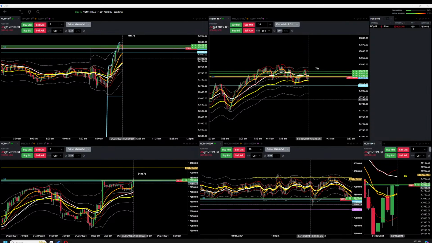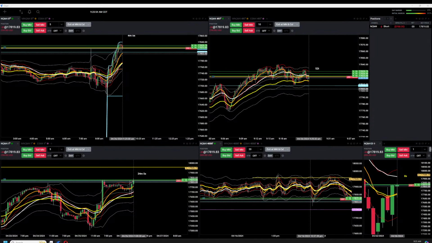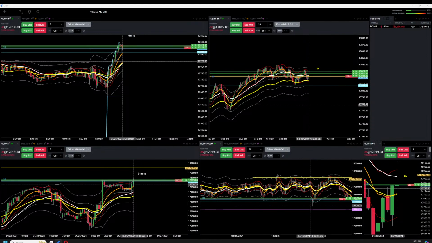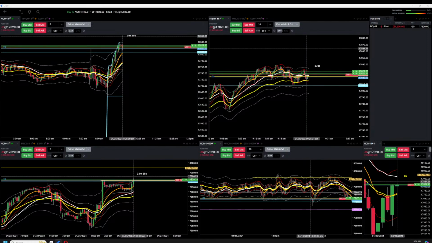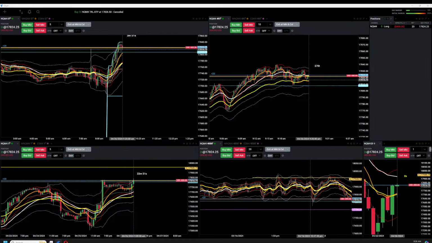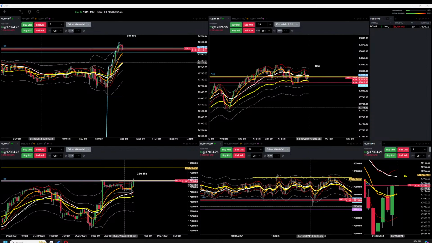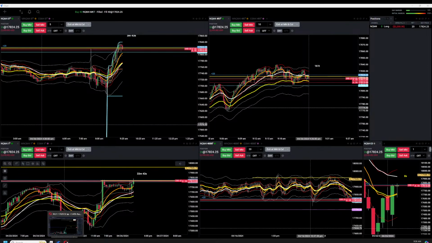Looking for a test at least probably down to, I mean, it's aggressively long today. I think we could look at the underlying and see what's going on in the underlying. All right, let's look at the underlying.